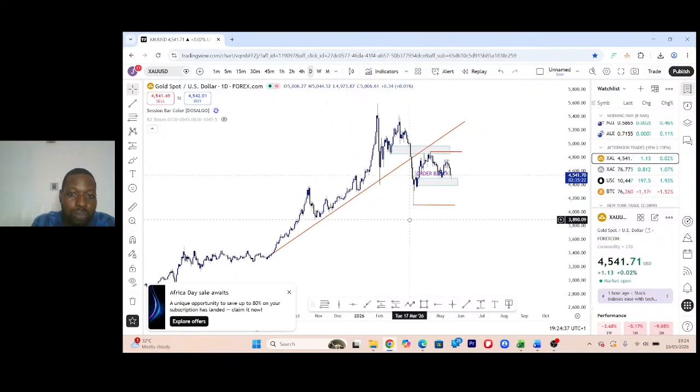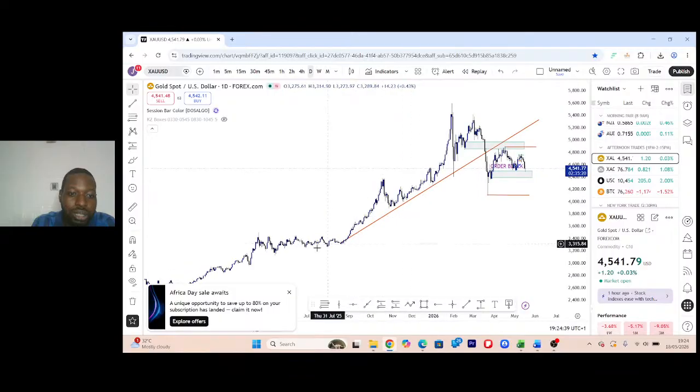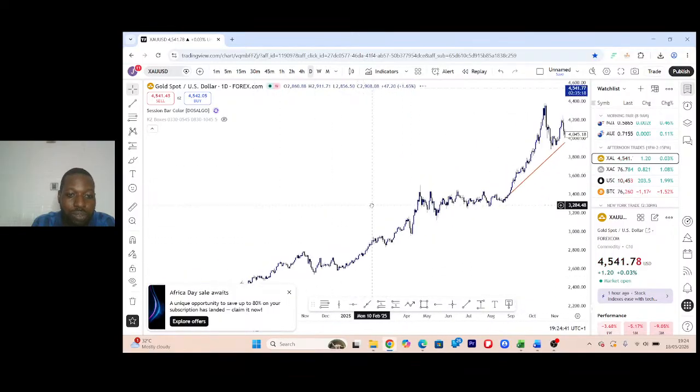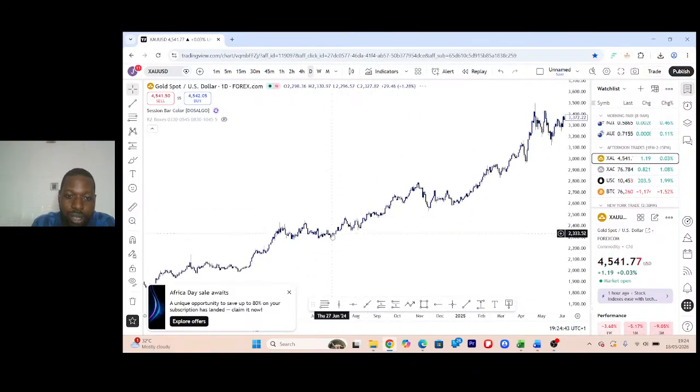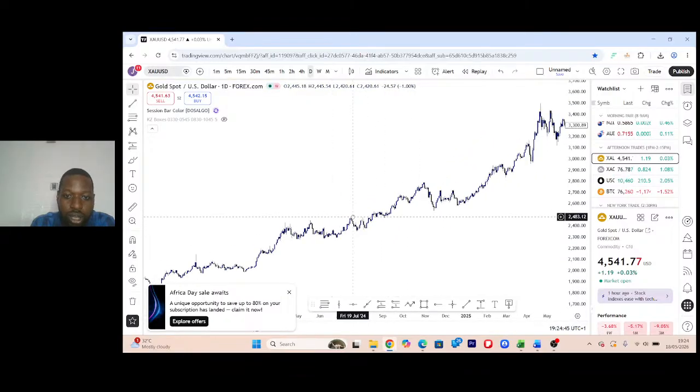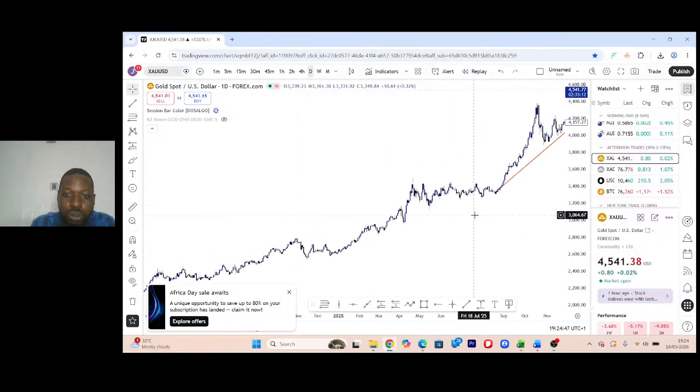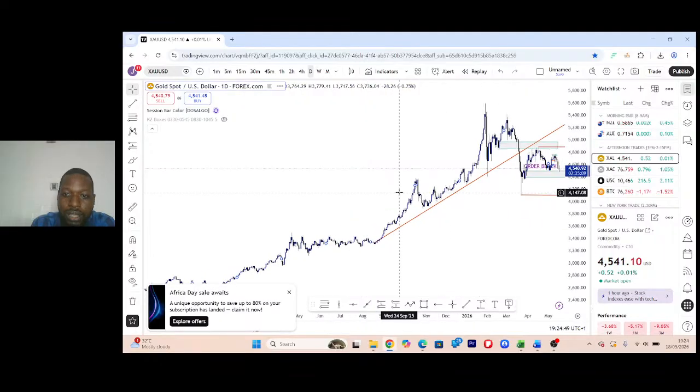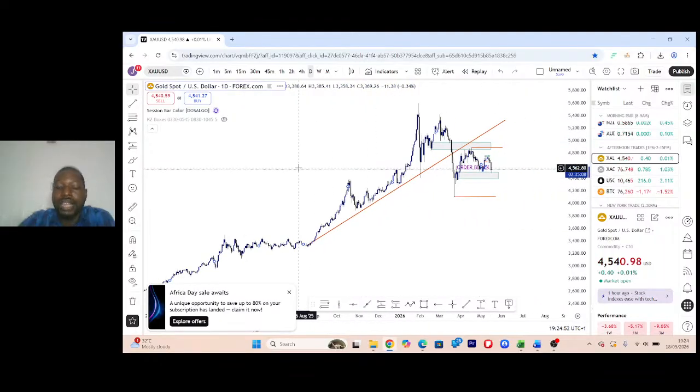This is the directional path for gold. Gold is a pair that has always been trending for a very, very long time. Definitely gold is always on the upside in the higher time frame. But when you are trading as a daily trader, you can't be buying all the time. So you need to know when gold is buying and when gold is selling.